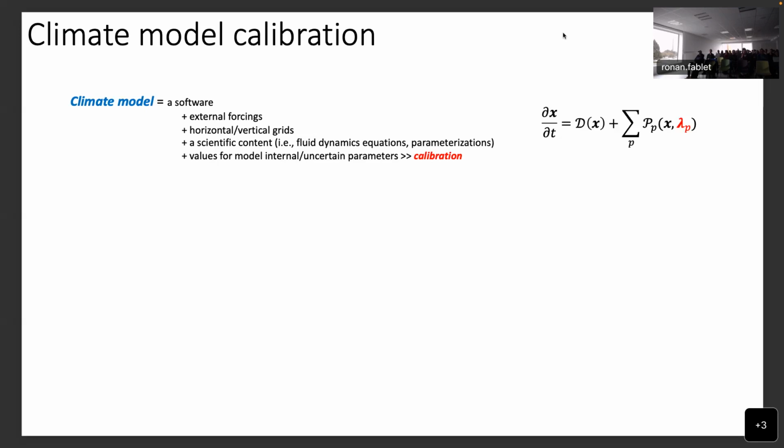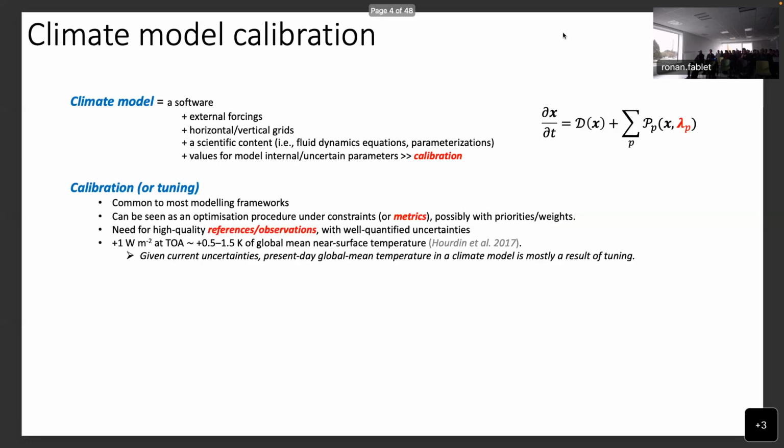When we develop those parameterizations, there are a lot of approximations and simplifications that we make, as a result of which emerge what we can call internal or uncertain parameters, the lambda p here, which need to be calibrated, meaning that we need to choose a value, possibly the best value, to have a good, skillful model in the end.